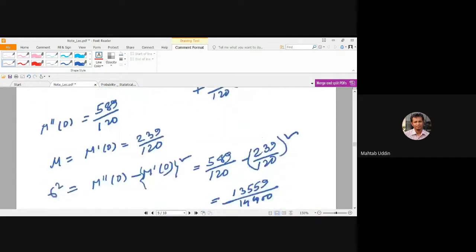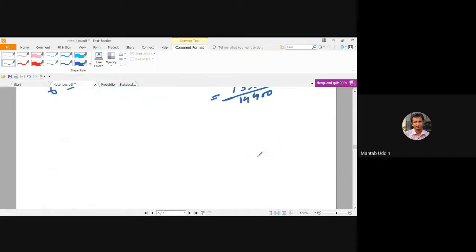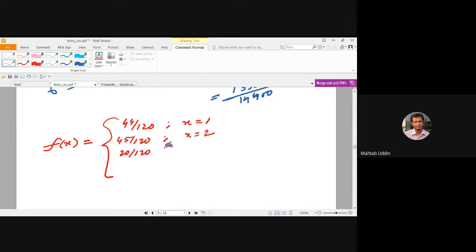And in this situation, we can write a PMF using a piecewise function. f(x) is 44 by 120 for x equal to 1, 45 by 120 for x equal to 2, 20 by 120 for x equal to 3, 10 by 120 for x equal to 4, and 1 by 120 for x equal to 5.